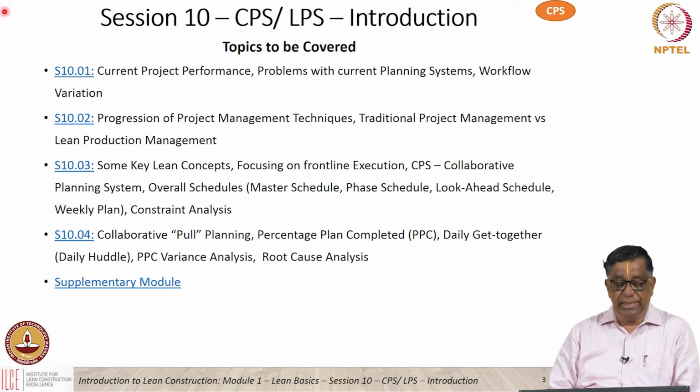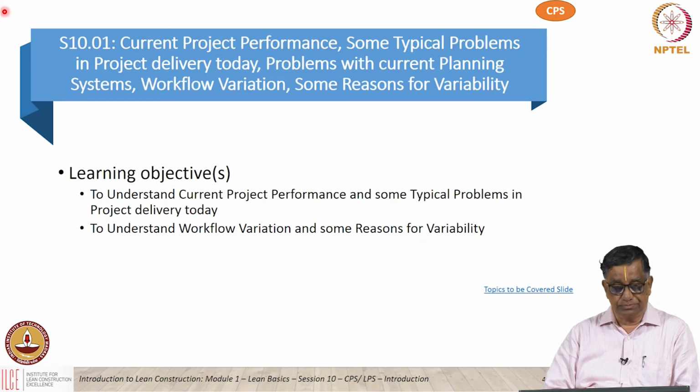Then we look at some key lean concepts, and then go on to the explanation of what is called collaborative planning system, how does it work with the various schedules, and then the constraint analysis. And finally, we explain what is collaborative pull planning, what are the various parameters called PPC, then your root cause analysis and variance analysis, and so on. We will cover all these in this session.